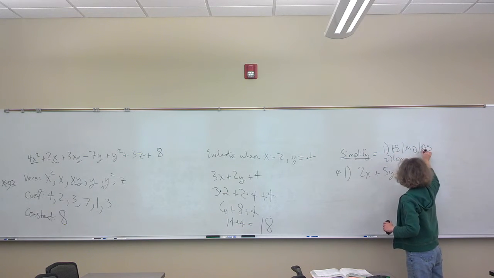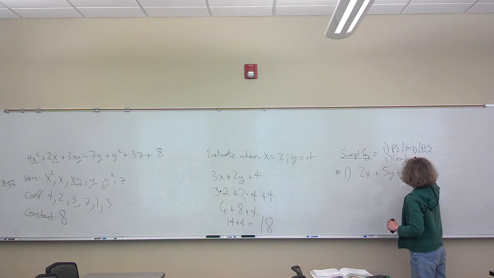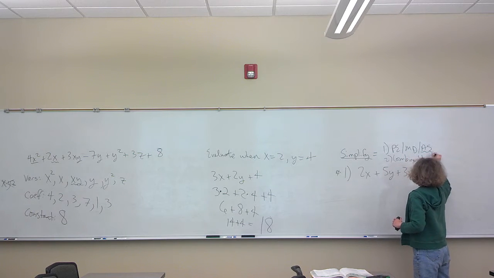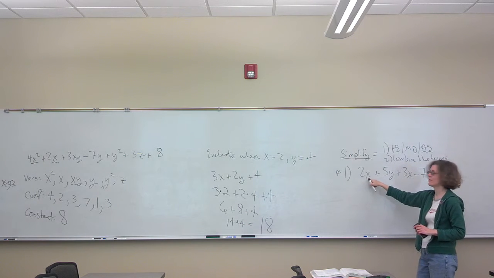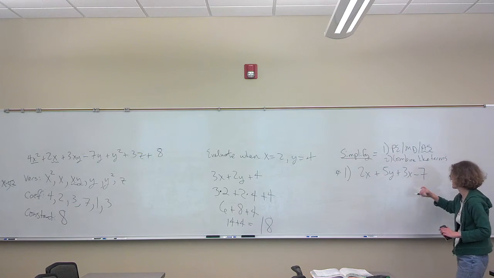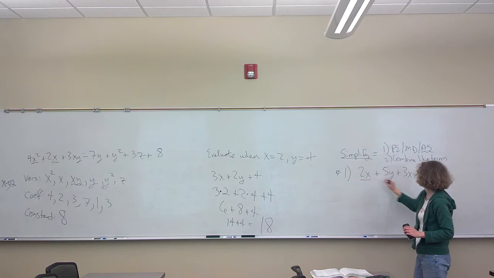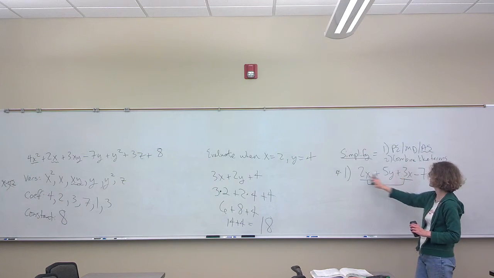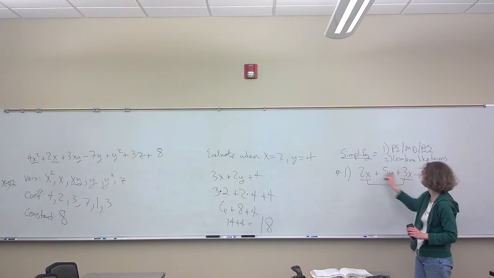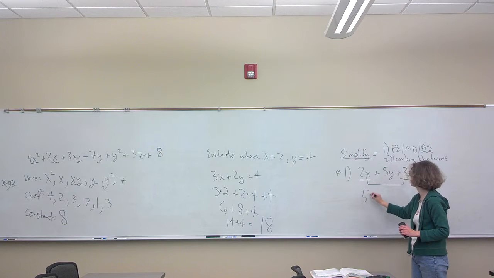And then this last step, the add and subtract, is called combine like terms. Like terms means it has to have the exact same variable, or it just has to be a constant. So here we've got a 2x and a 3x. So we can combine those and have 2 plus the 3. The sign in front of the variable is the one that you use. So 2 plus 3 is 5x.